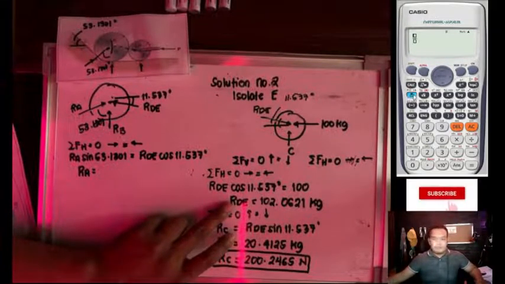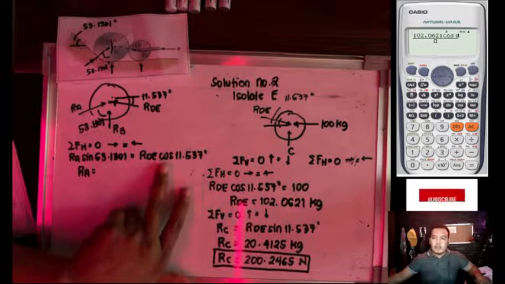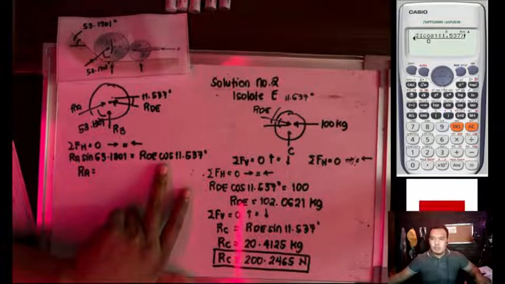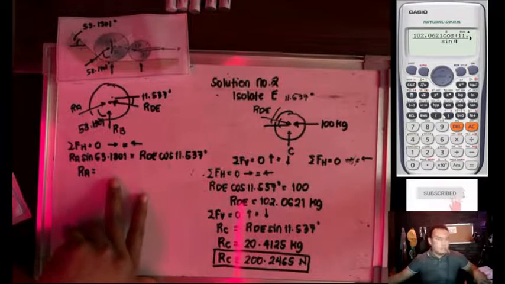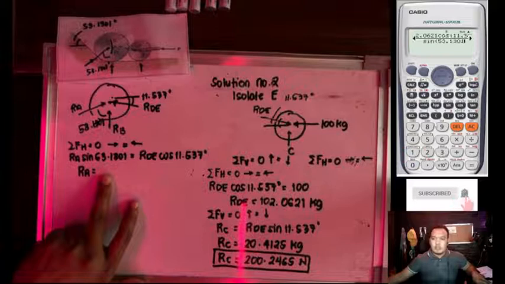So RDE is 102.0621 cosine 11.537 all over sine 53.1301.